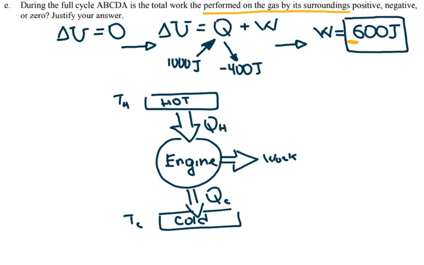The work done on the gas is negative. The work done by the gas on the surrounding is positive. So it's really important to see the way they ask you a question when they ask this type of question.